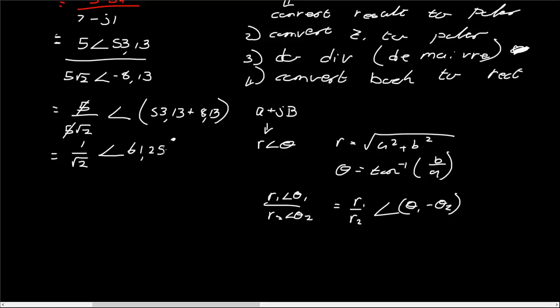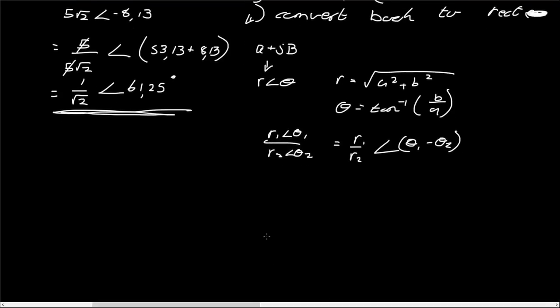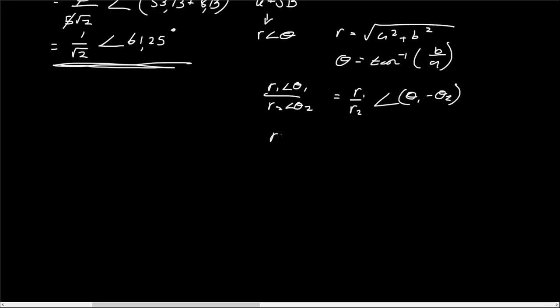And there you go. Now we've got our answer in polar form. This is our final answer in polar form, but the question asked for rectangular form, so we're going to convert back. To convert to rectangular form, we take r angle theta and go to the form a plus jb, where a is r cos theta and b is r sine theta.